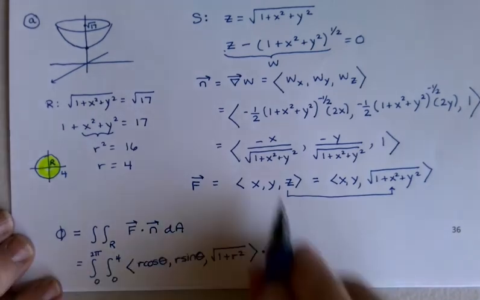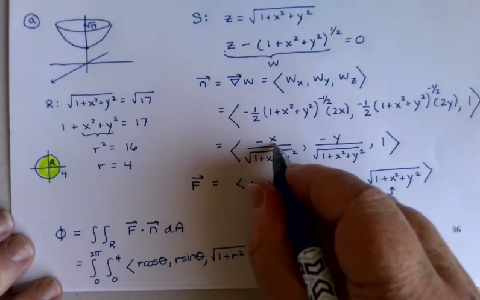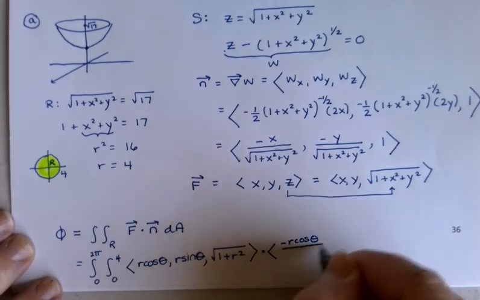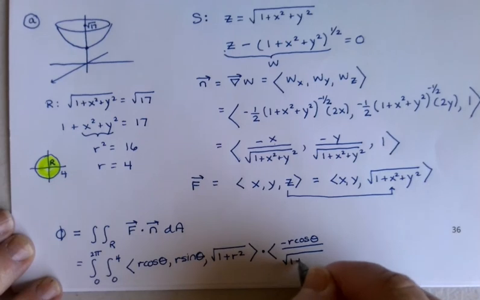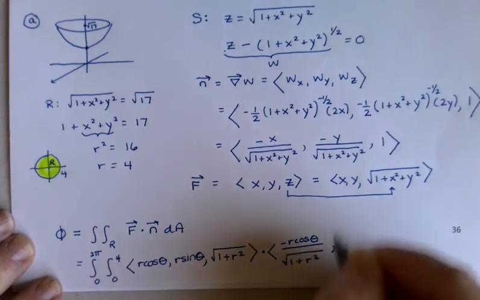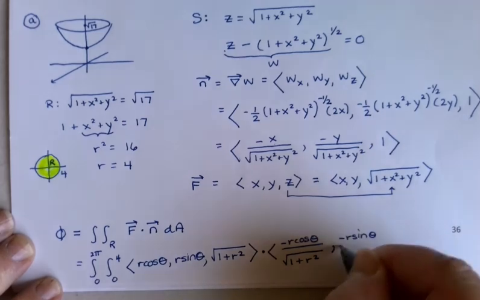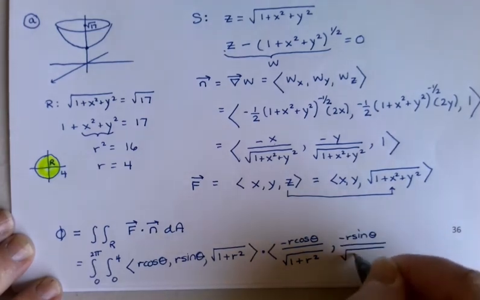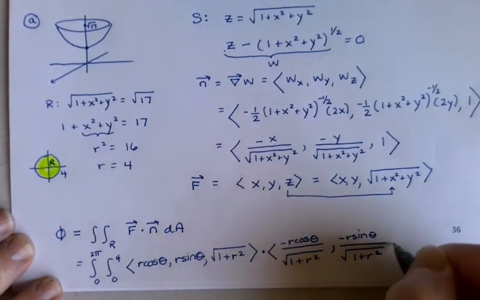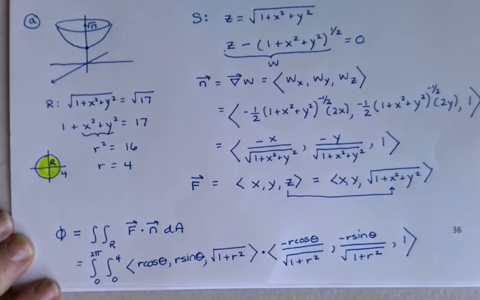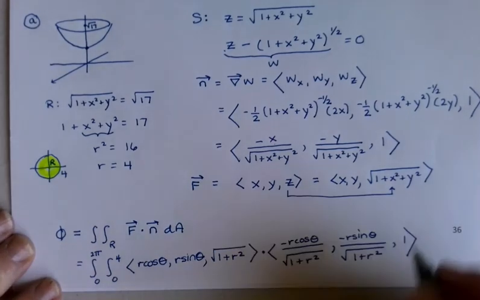Dot product with the n, which would be a negative r cos theta over the square root of 1 plus r squared, and then a negative r sine theta over the square root of 1 plus r squared, and then 1. Since I am in polar coordinates, this is going to be r dr d theta.